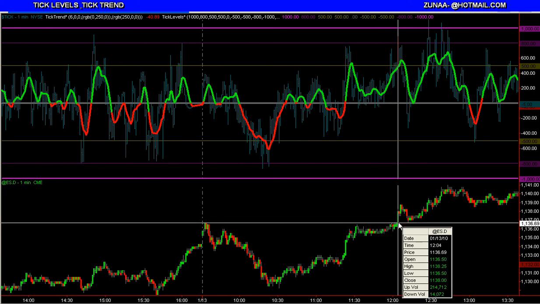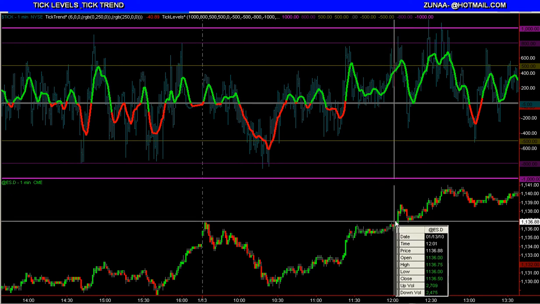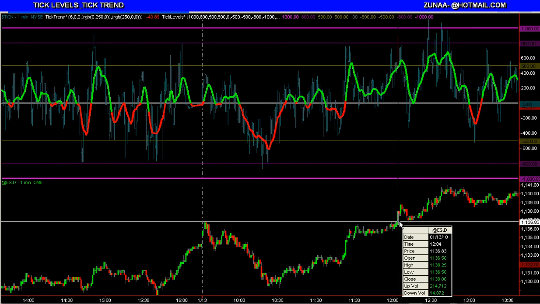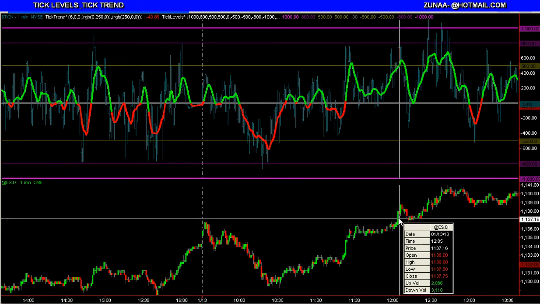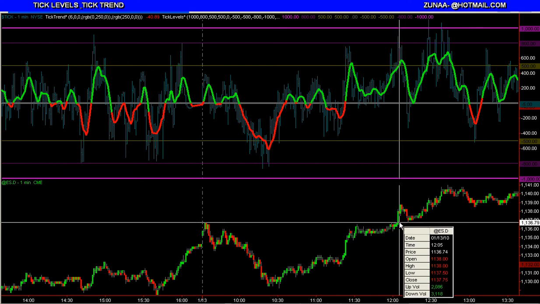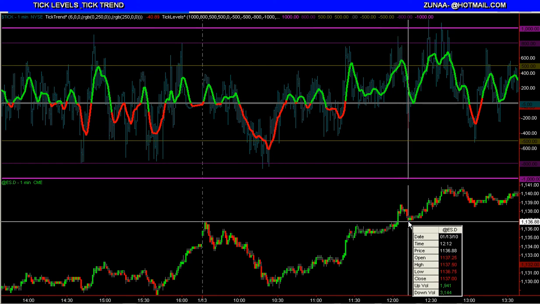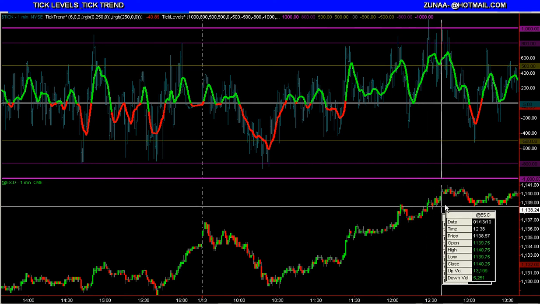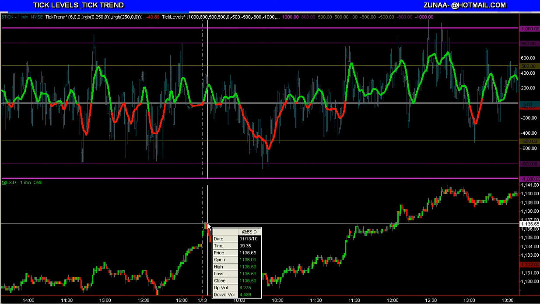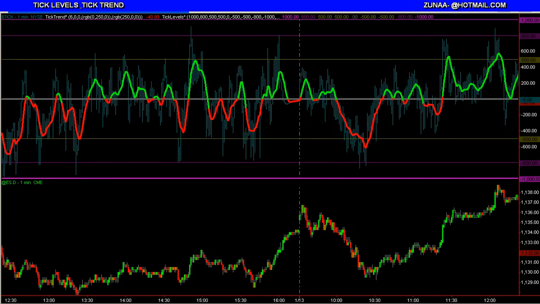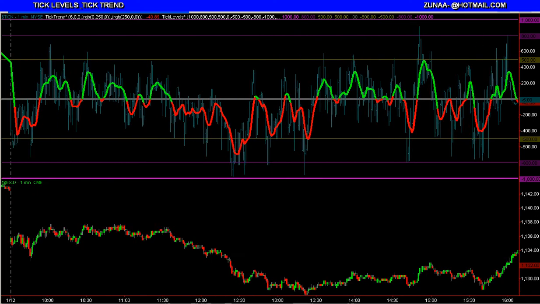With the ticks going up and hitting that 1000, I remember this day other indicators were showing a lot of price activity in this one bar right here, and the reason we know is look what happened as soon as we broke above that. We came back down to test it and we took off again. This was a key SR level. Anyways, that has nothing to do with the tick trend.